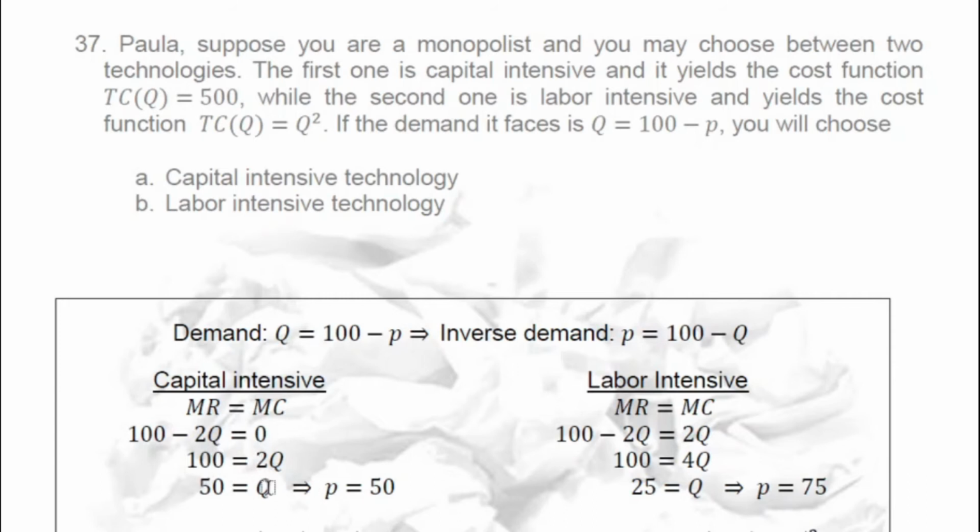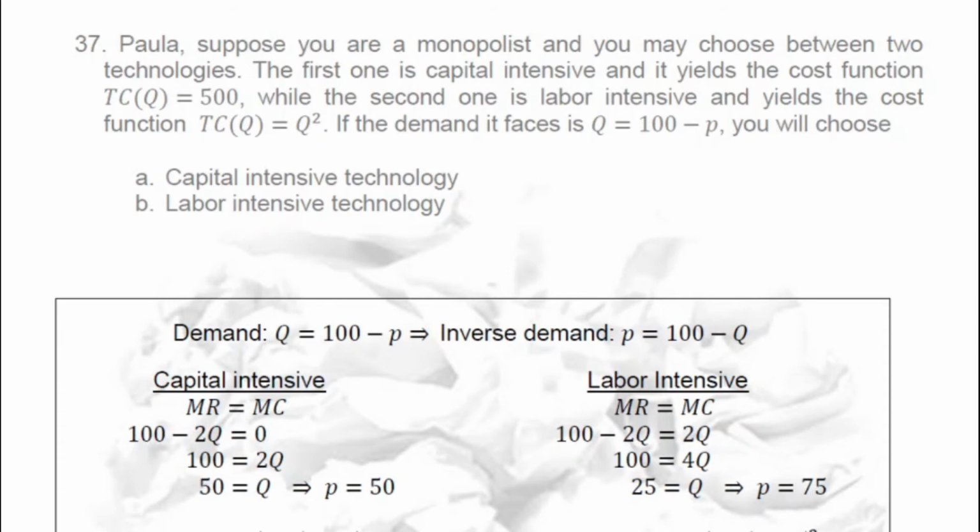If we solve them, Q is equal to 50, then price is 50 going to the inverse demand, and profits are 2,500.